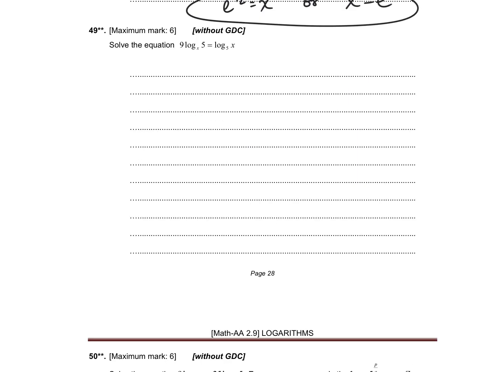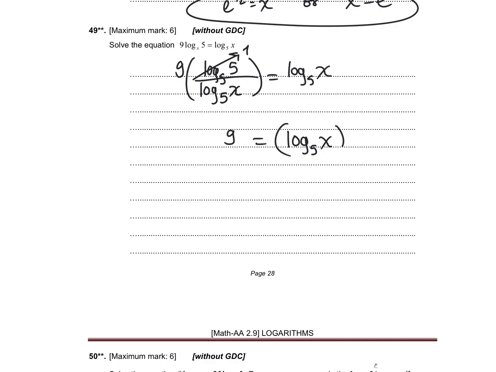So for this one, we're going to have e to the 1/2 is x, or e to the 1 is x. So this one, I'm going to make this log base 5. So we're going to have log base 5 of 5 over log base 5 of x equals log base 5 of x. Okay, so the top thing is 1. So we're going to just have 9, because this is 1. 9 over log, and then we can square, cross multiply, and that's going to be squared.